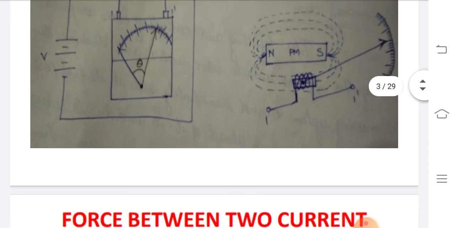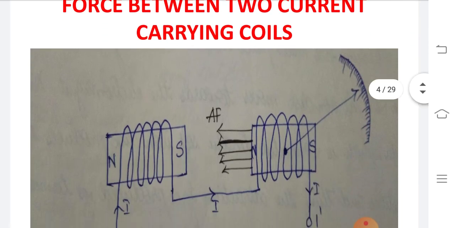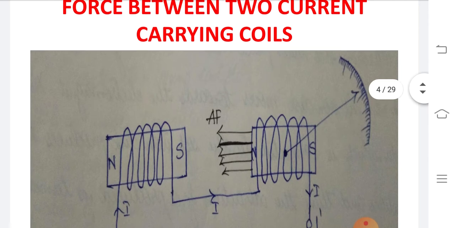Now the second mechanism is force between two current carrying coils. In this figure I have taken two iron bars, and these two iron bars are wound with a single copper coil and the electric current is passed through it. Once the electric current is passed through the iron bars wound with copper coil, those two current carrying coils wound on the iron bars behave as electromagnets.